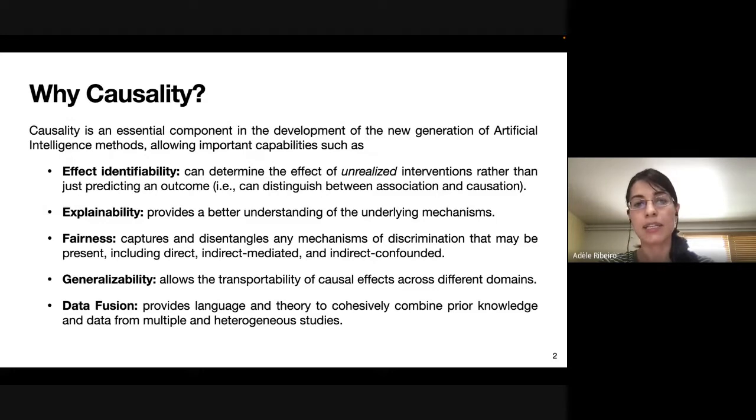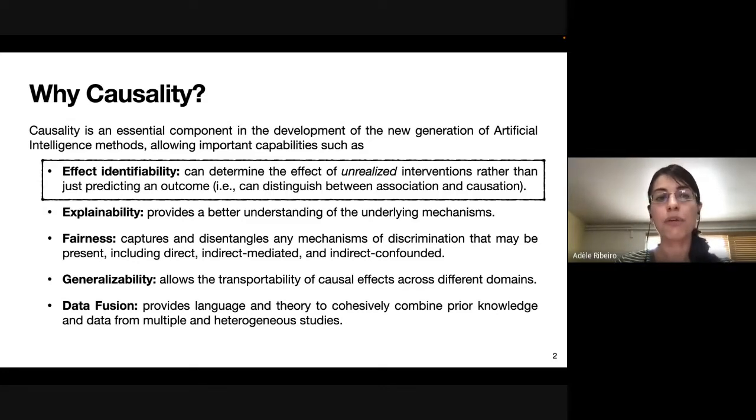The language of causality allows us to combine different data sets, because you have the capability of providing a description of all the differences across these data sets. So this is another dimension of the theory of causality.